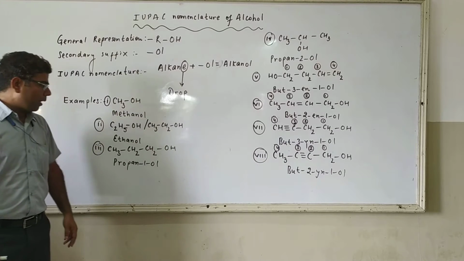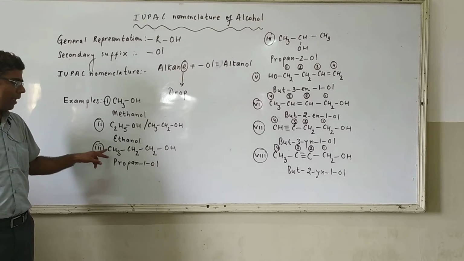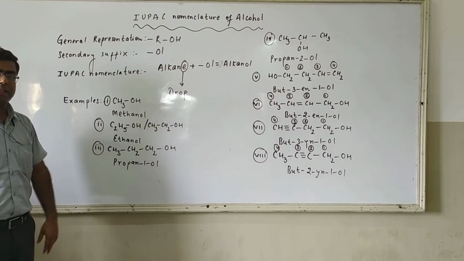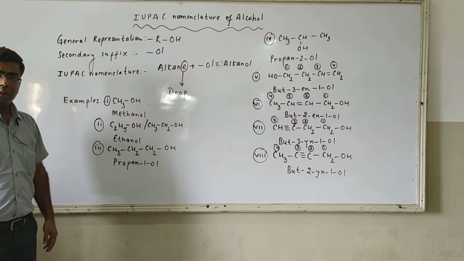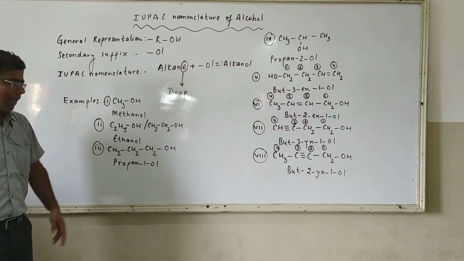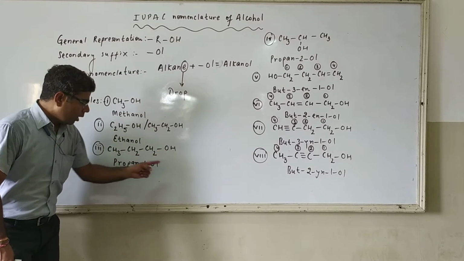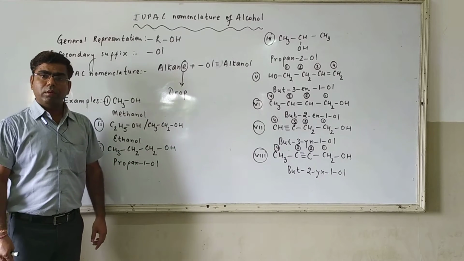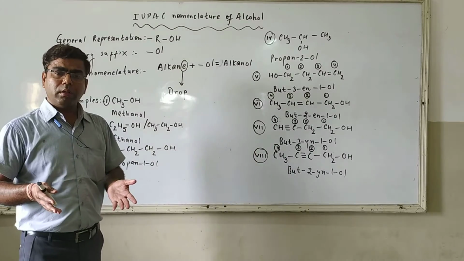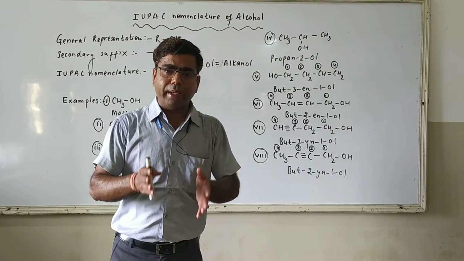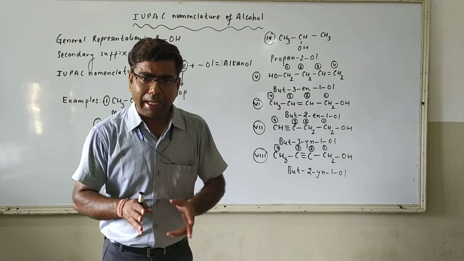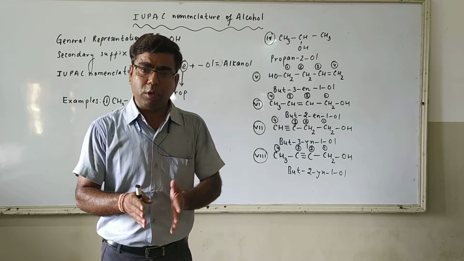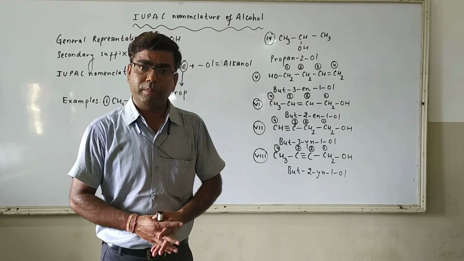And if I am placing my OH group on this carbon, then I will start my counting from the left hand side. Then this carbon will be treated as carbon number 1. So if we have 3 carbons, then I can place OH on carbon number 1 or carbon number 2. So an alcohol with 3 carbon atoms can have 2 different structures, which depend on the position of the OH group.